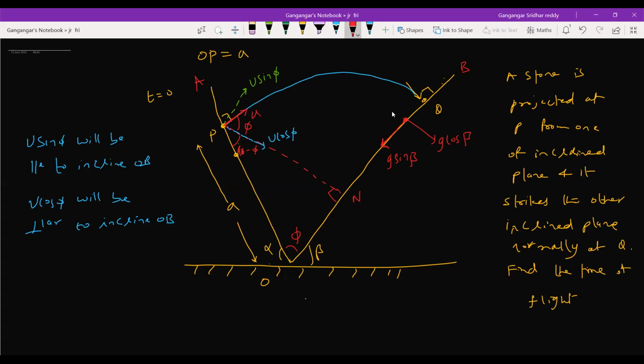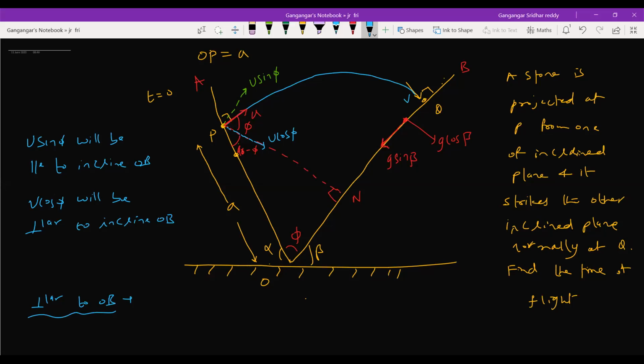What is the final velocity? It will strike normally at Q. Therefore, what will happen to U sine phi by the time it moves from P to Q? It will become 0. It is striking normally.